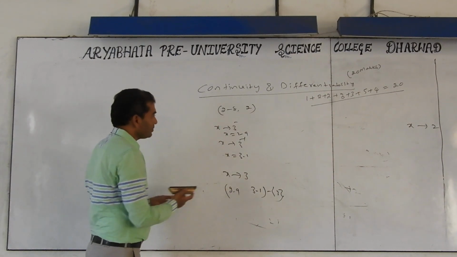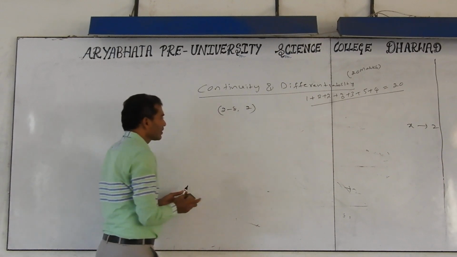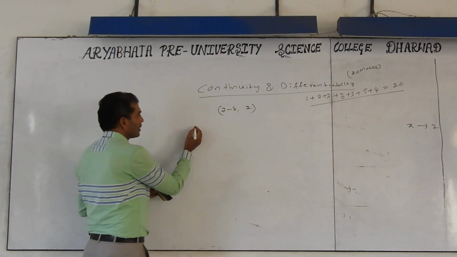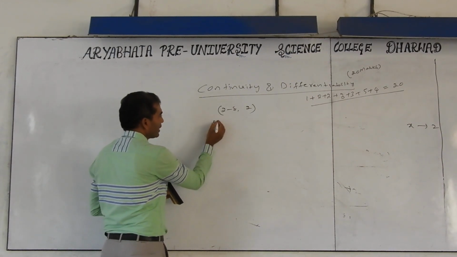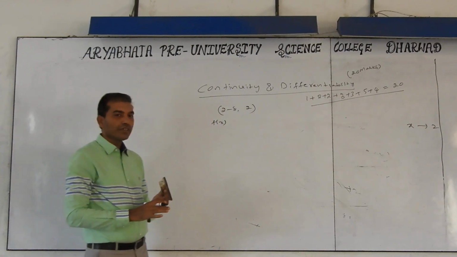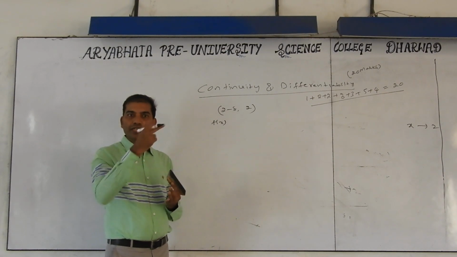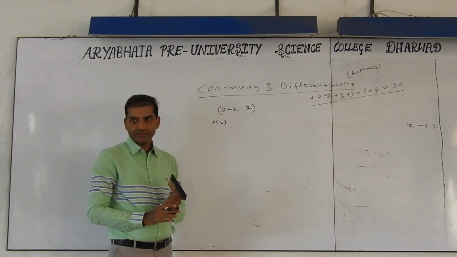Okay, now see, there is a function f of x. F of x function means every element of the first set has a unique image in the second set.